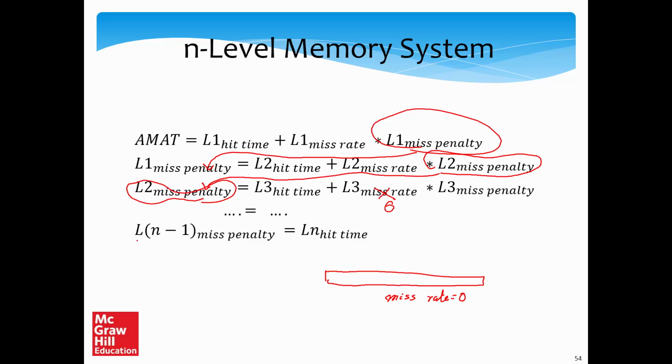As a result, the miss penalty of the second last level is the hit time of the last level, because we are assuming that no accesses miss over there. So if we know the miss rates at each level and also the hit times at each level, we'll be able to compute the average memory access time.